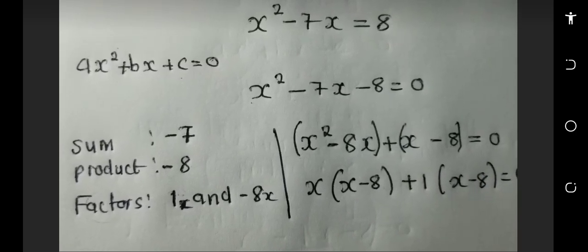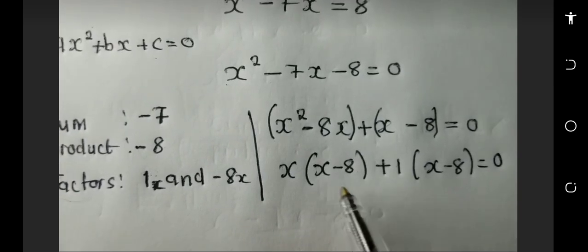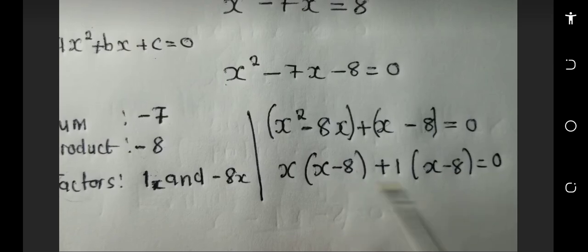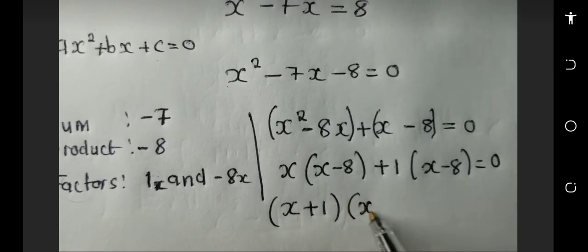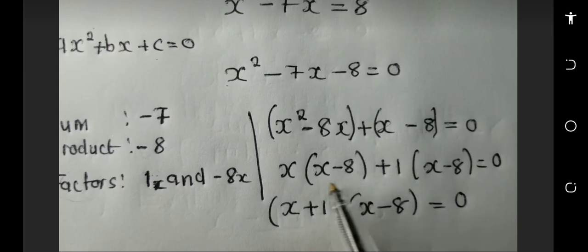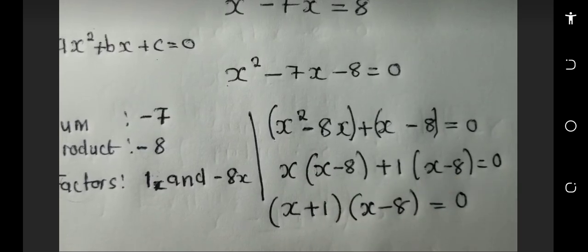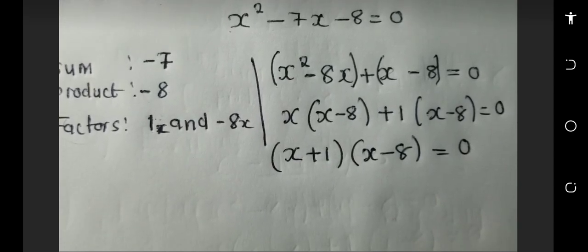Okay? And you must make sure that what is here is similar to what is here. So we have x plus 1 inside the brackets, x minus 8 is equal to 0. If you find different terms here and here, it means your answer will be wrong, or you are wrong somewhere.